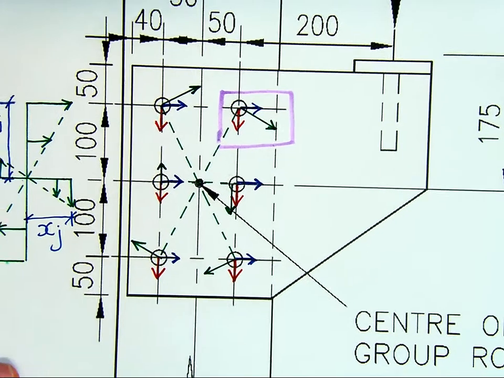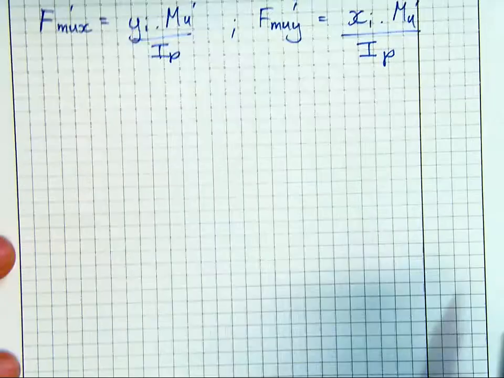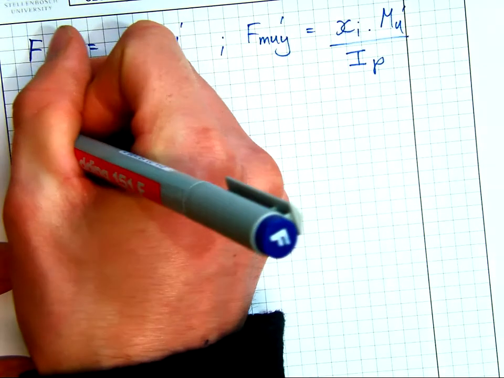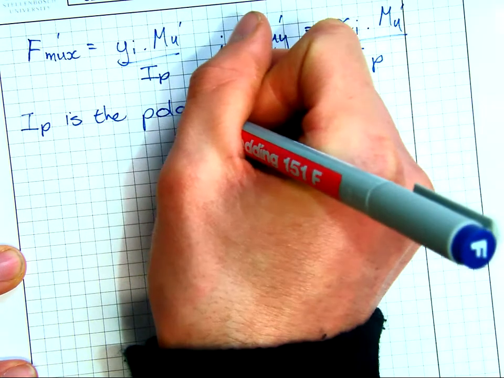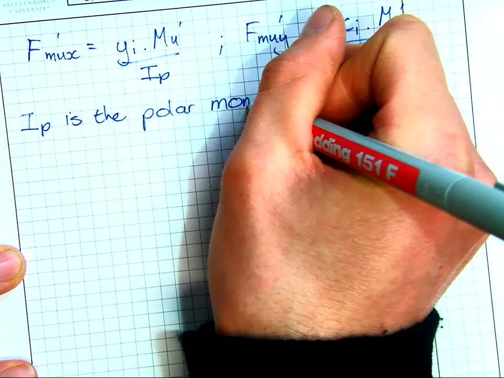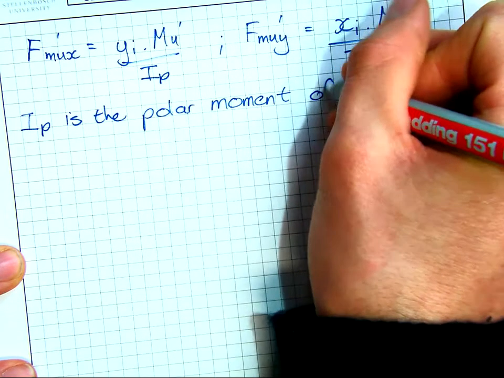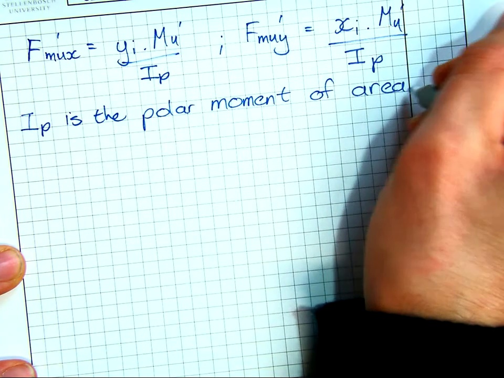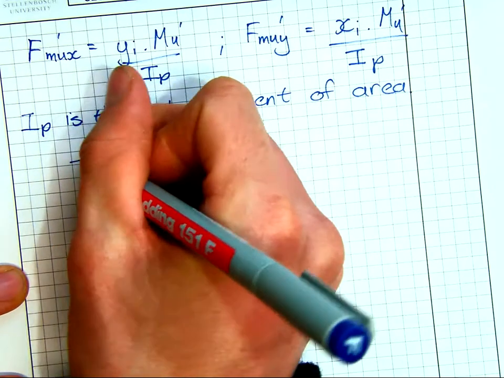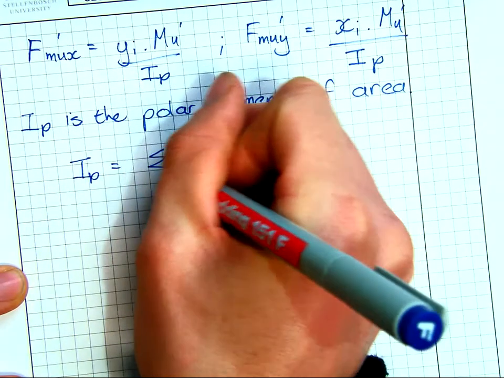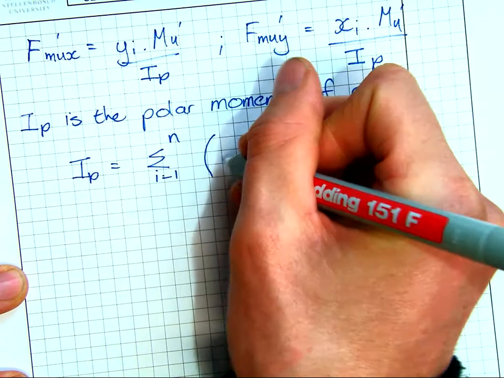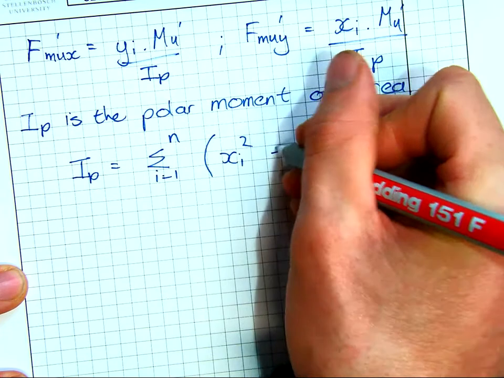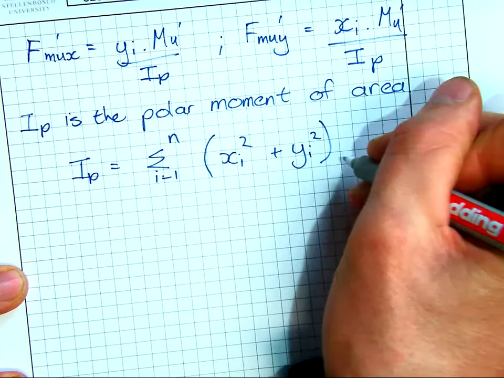So we're going to now quantify the positioning of all the bolts with the polar moment of area, where IP is the polar moment of area. And this is given by the sum from i equals 1 to n, so this is of all the bolts, of xi squared plus yi squared.